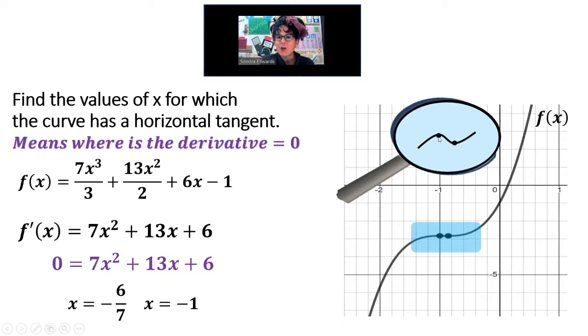See how now it's a little more obvious. Yeah, the slope of the tangent there at -1 is 0, and the slope of the tangent there at -6/7 is 0. So we wouldn't be able to tell by standing back and looking at this graph that we actually had a local maximum and a local minimum. It just kind of looked like it flattened out.